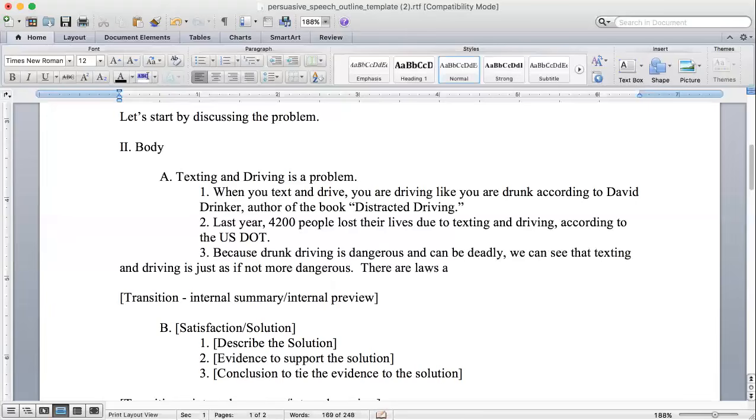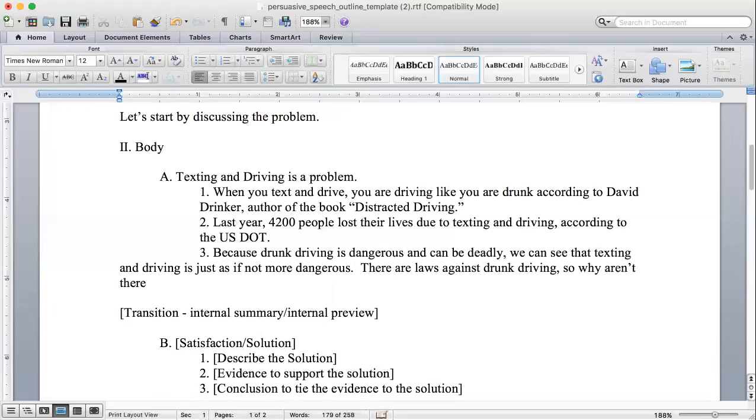There are laws against drunk driving, so why aren't there laws against texting and driving?